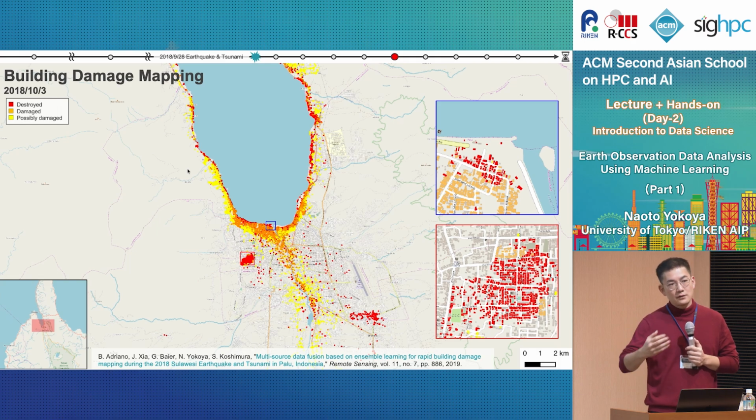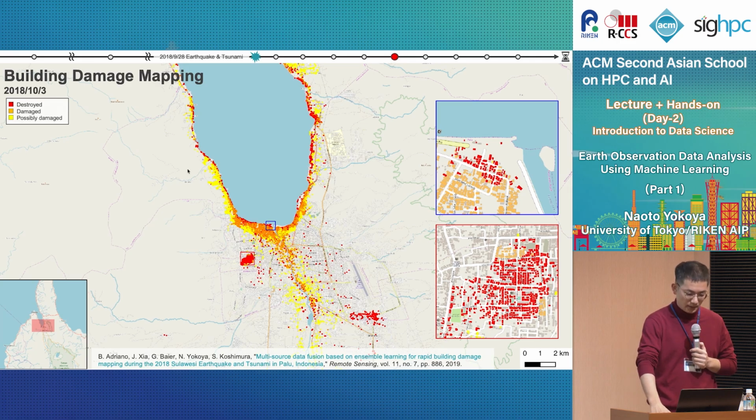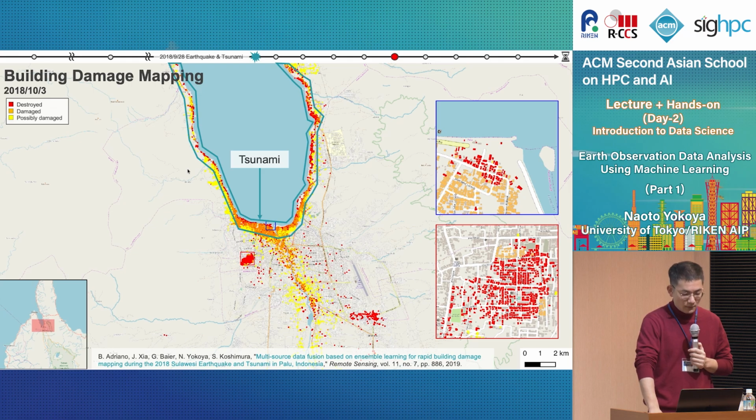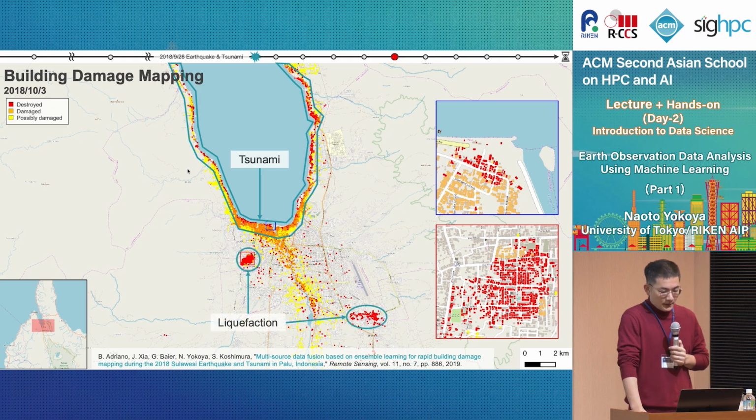Once we find a correlation, by running inference on the input satellite data, we can create damage mapping. So here is an example for this very large disaster. These damages are related to tsunami or liquefaction.